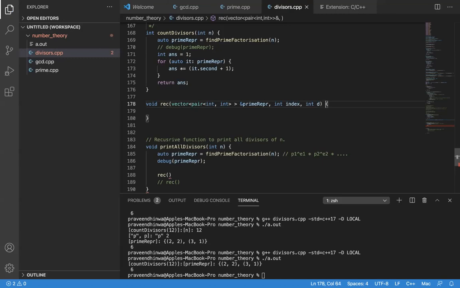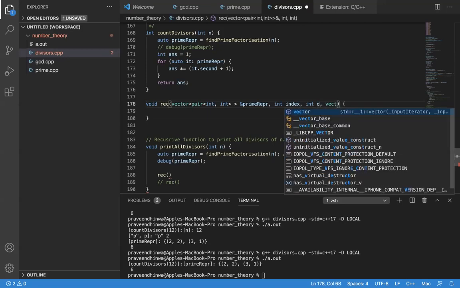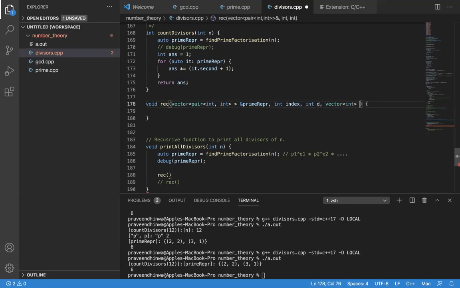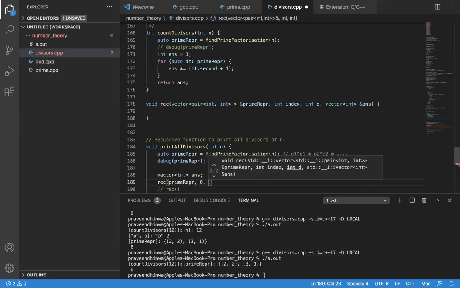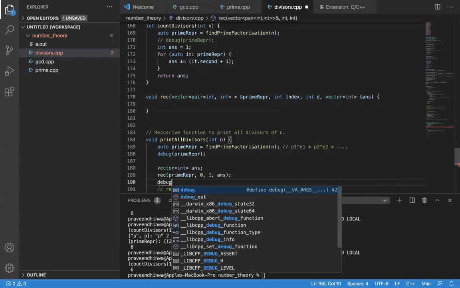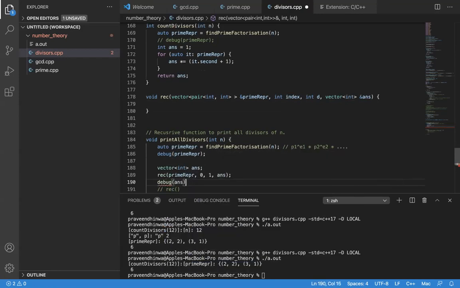The number D, which is the divisor. And at the end, I should insert them into a list of divisors. That is the answer, so let's say vector int answer. Index initially will be 0, D will be 1, answer would be answer. And then I will print answer.